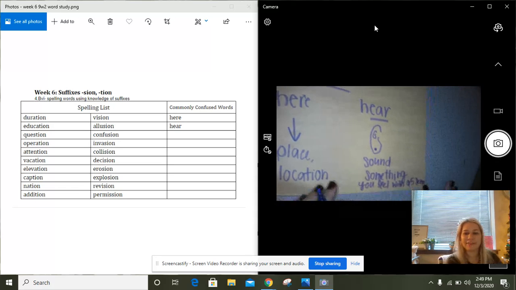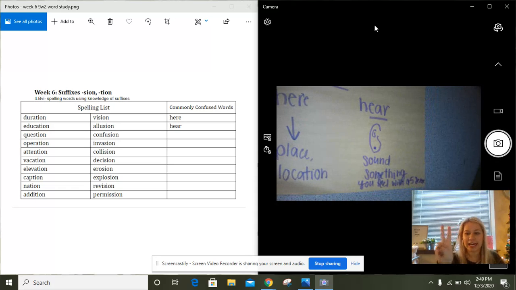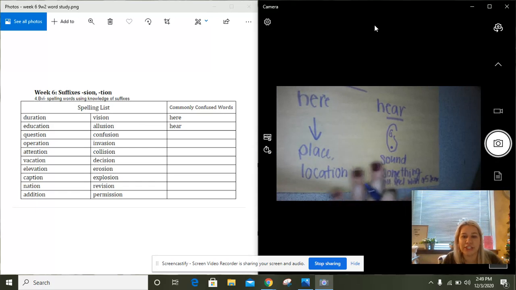So one of your 5 senses: hearing, touch, taste, smell, and sight. You hear it, so it involves your ear. So whenever you are trying to figure out which here I'm talking about in your sentence, just insert: can I hear it with my ear, or am I right here?